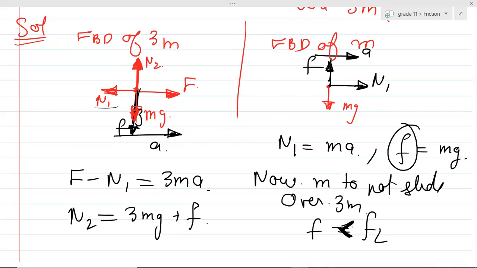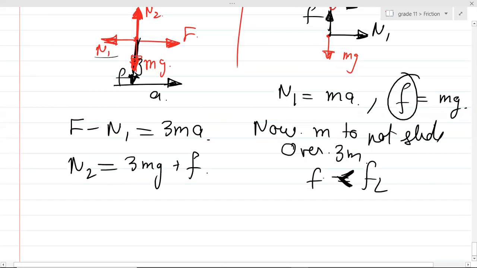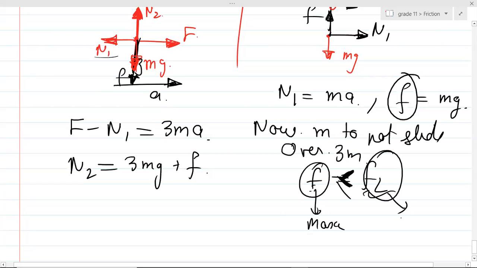Yes, sir. So F is less than or equal to FL for not sliding. It is at rest, no? So if I say this will be max, then this will be the maximum case, right?